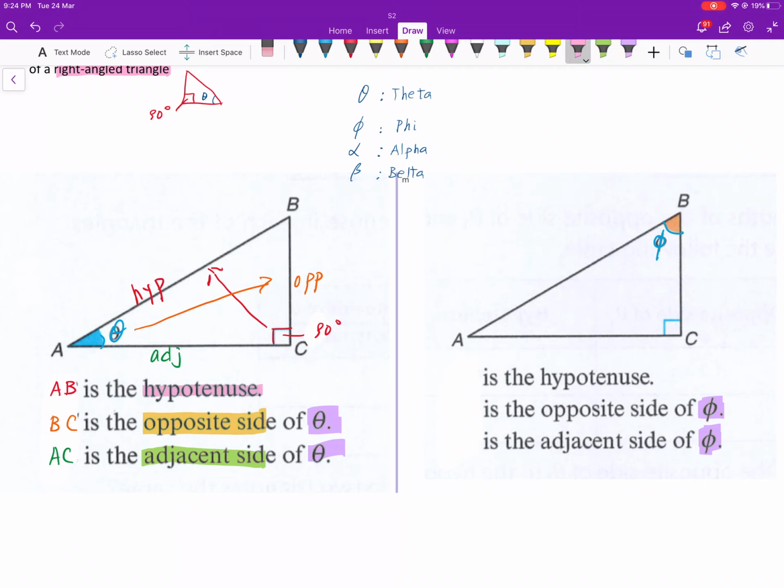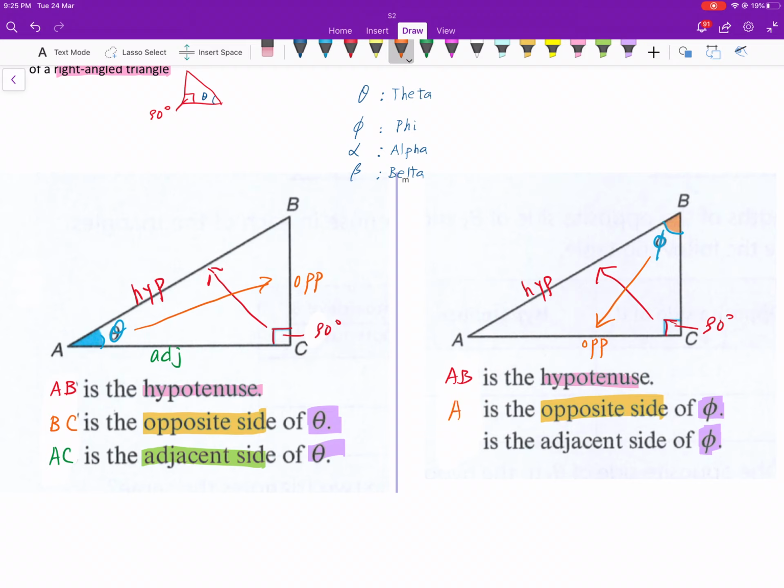First, the hypotenuse. The side opposite to the 90 degree angle, so AB is the hypotenuse. And then the opposite side of phi. We have the angle phi, and opposite to phi, AC is the opposite side.